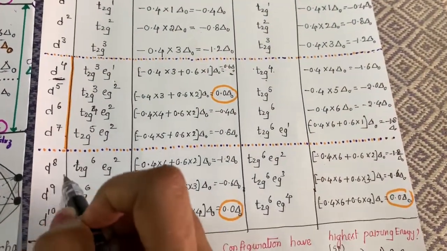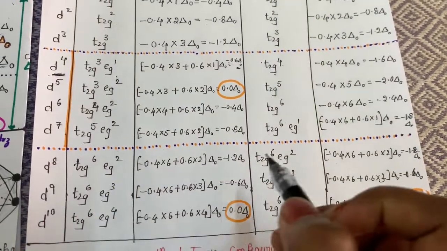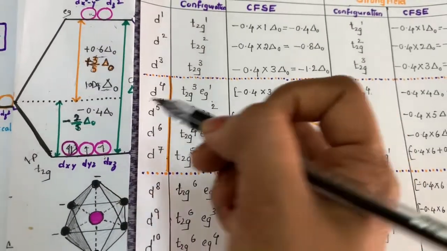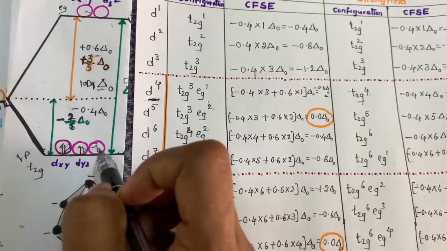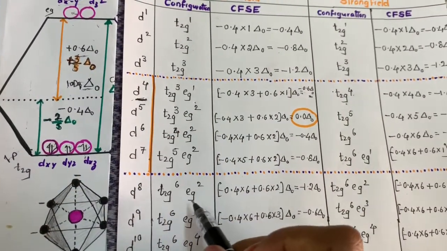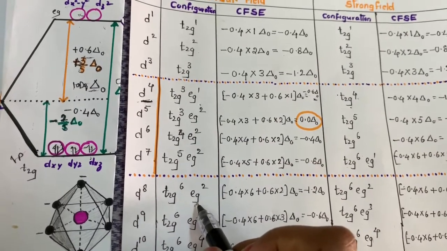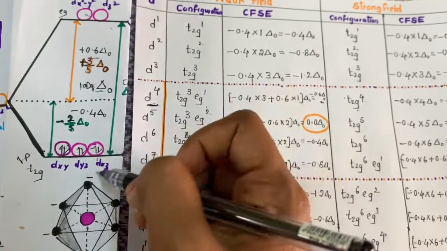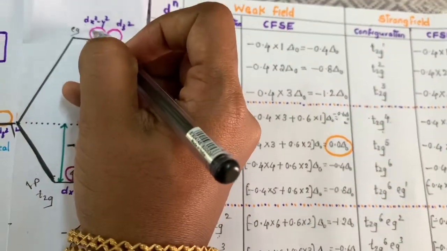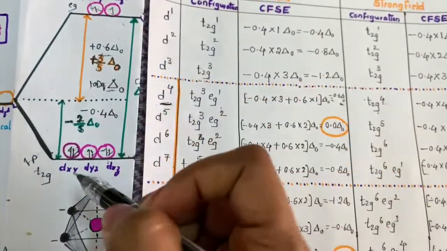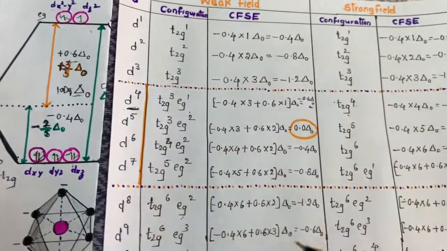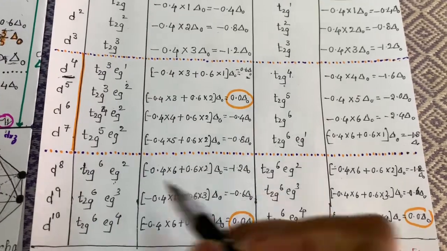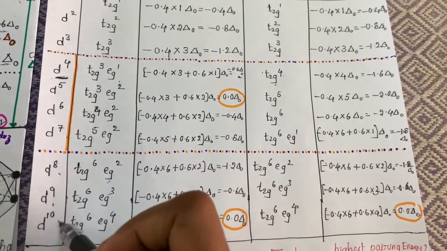The reason is, in the case of d8, whether it is weak field or strong field, t2g will be completely filled, that is t2g6, and eg has only 2 electrons. So even in strong field it is t2g6 eg2, and in weak field it is t2g6 eg2 as well, again it comes to the same. So there is no difference. That's why the value is the same for weak field and strong field in the case of d8, d9, d10.